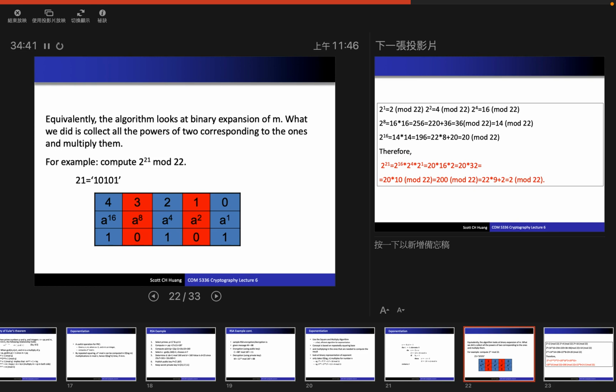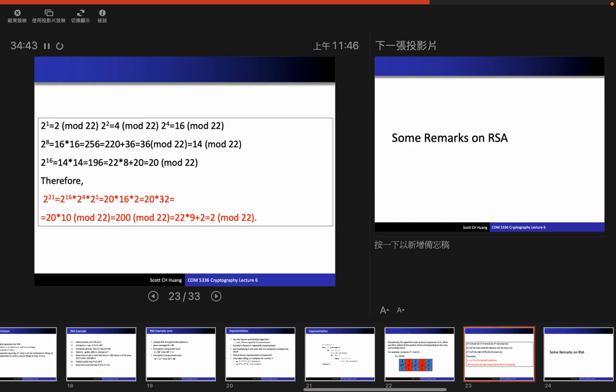So this implements the method we just introduced. So this is modular exponentiation. So when you implement this, modular multiplication is a very important building block as well. This will also be used in other asymmetric crypto systems too, not just RSA. It can be many others as well. So this is modular exponentiation.